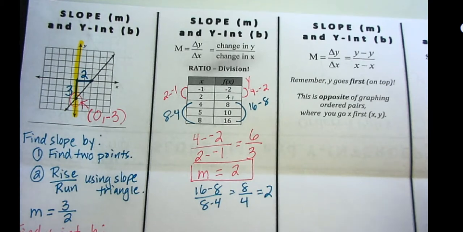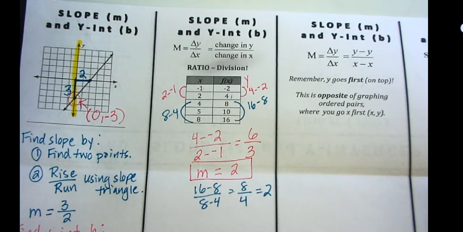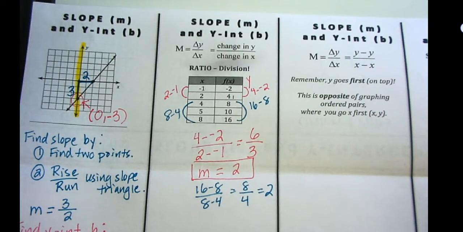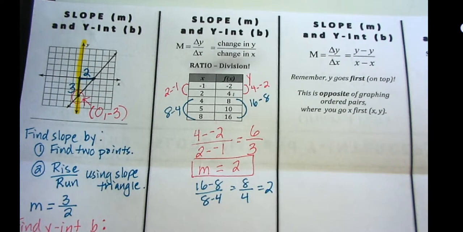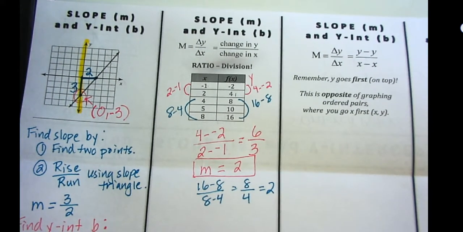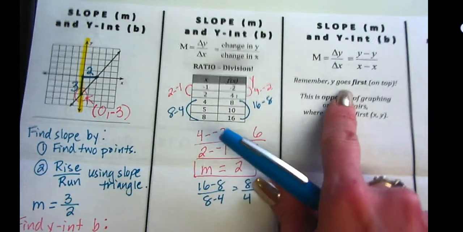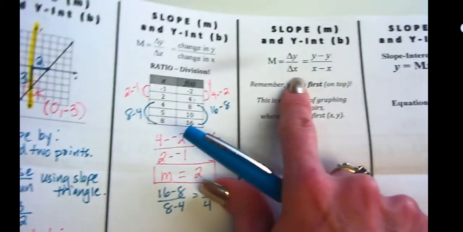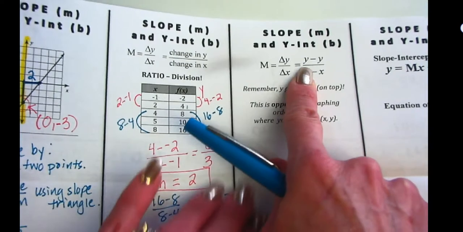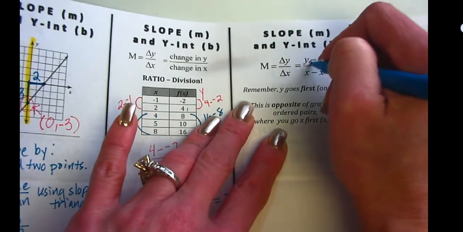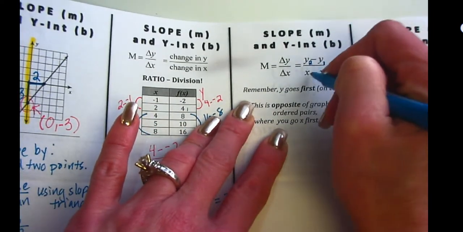All right, the third thing we're going to look at, and we've done this before, but we just haven't done it with y-intercept, is we are going to look at how to find the slope and y-intercept of a line that passes through certain points. One thing that you guys need to remember, and you're going to use your slope formula for this, which is your change in y. I'm going to go ahead and put the little numbers here, the little subscripts.